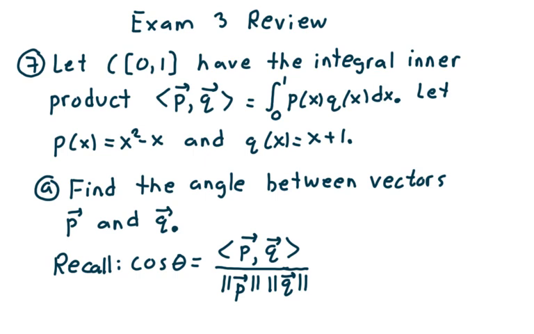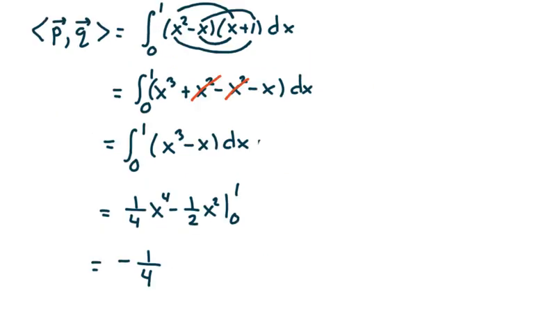Recall, cosine of theta is the inner product of p and q divided by the norm of p times the norm of q. Okay? From here, let's take the inner product of p and q. That's the integral from 0 to 1 of x squared minus x times x plus 1 dx.